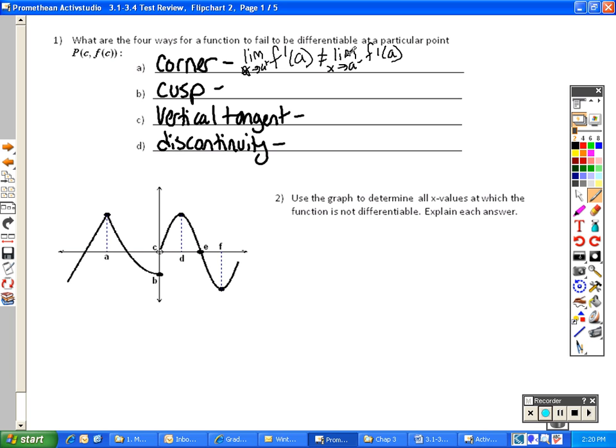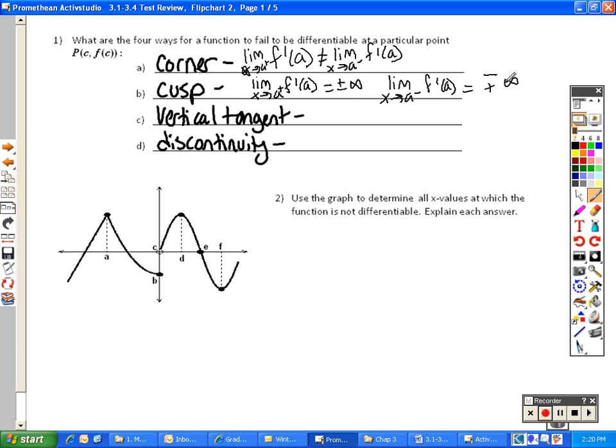Okay, a cusp. A cusp is when the slope as we approach a number equals plus or minus infinity from one side, and as we approach the number from the other side, the slope approaches the opposite, minus or plus infinity.